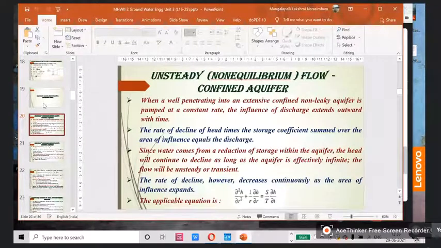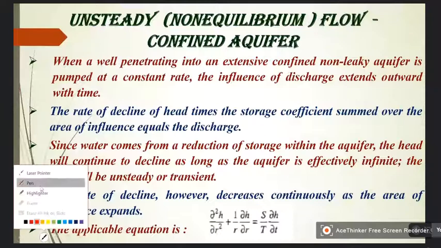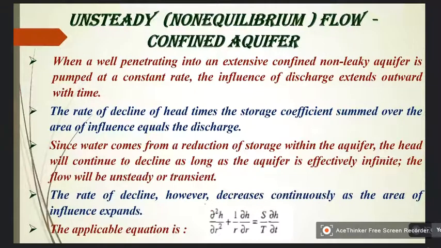Now, this derivation will start with our original equation, namely this equation. This is our original equation. Unsteady radial flow into a confined aquifer.